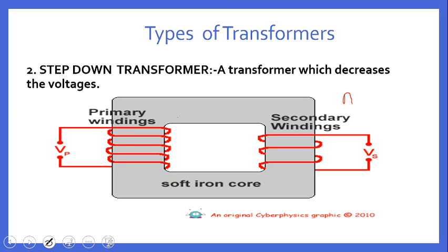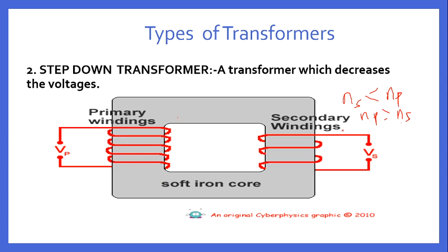Again, you can summarize it: the number of turns in the secondary is less than in the primary, or vice versa, the number of turns in primary is greater than the number of turns in secondary. And that is what you have regarding this transformer. So the turns ratio here, you can easily evaluate from here.